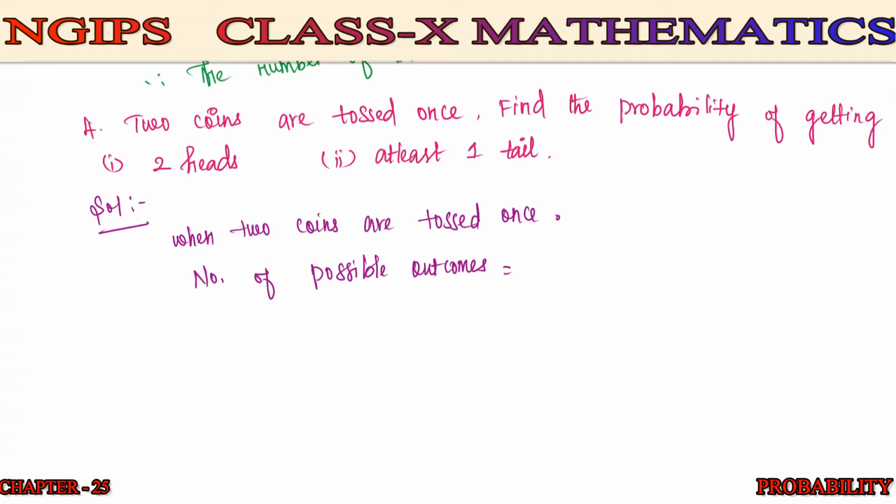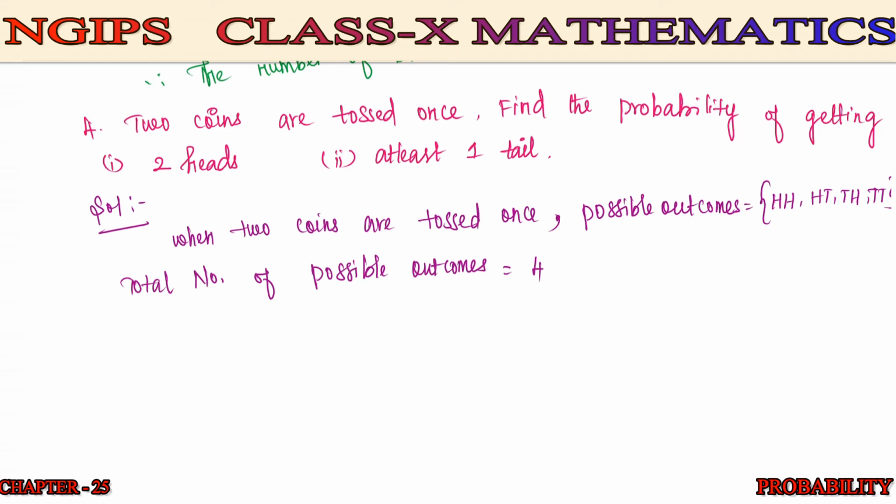Here possible outcomes is equal to head head, head tail, tail head, tail tail. So totally we have 1 2 3 4 possible outcomes. You can mention total number of possible outcomes. Here we got it as 4.